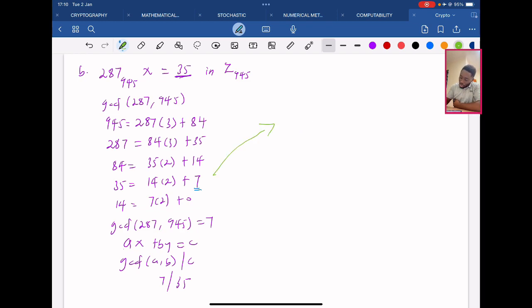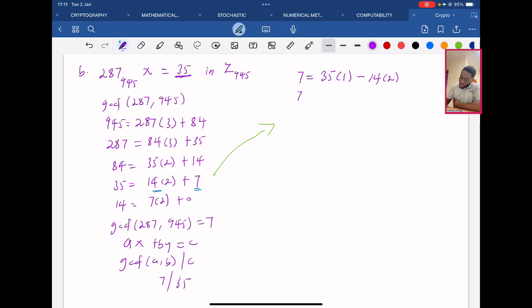Okay. So we always start from the last non-zero number. In this case, let's make 7 the subject. In making 7 the subject, we're going to get 7 is equal to 35 multiplying 1, minus, if this over here crosses the equal sign, we're going to get minus 14 times 2.